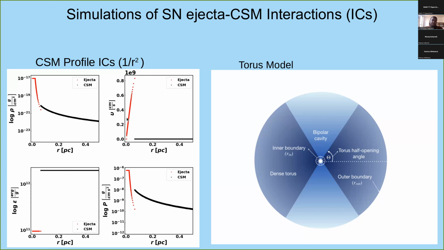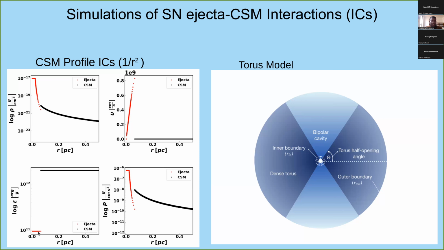And then the velocity, you set it up in such a way that it's zero, the material is not moving, and other quantities like energy, where the circumstellar medium has a larger ambient energy, and then this one, the energy, this is just the ambient energy of the ejecta.